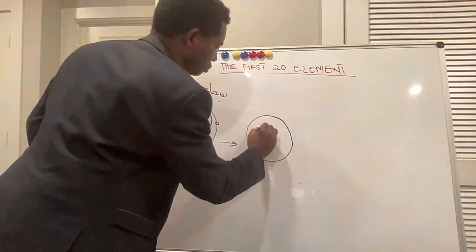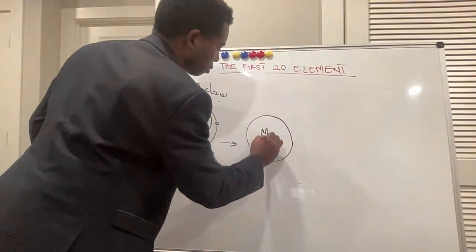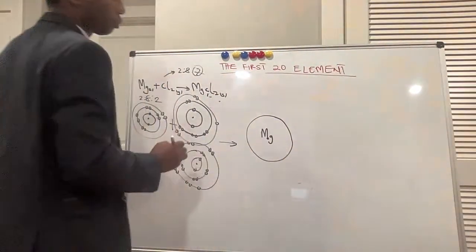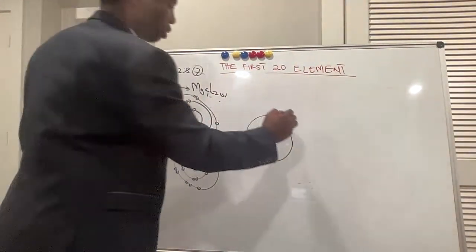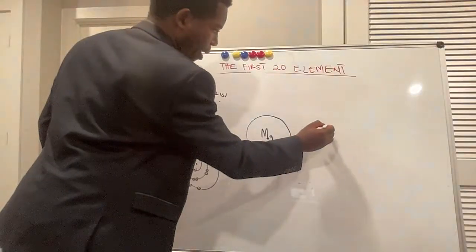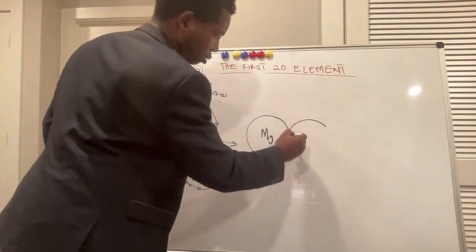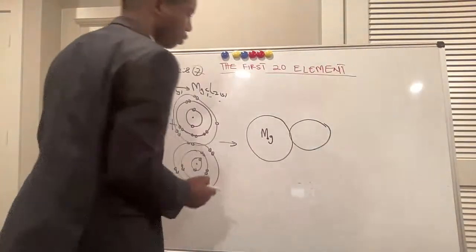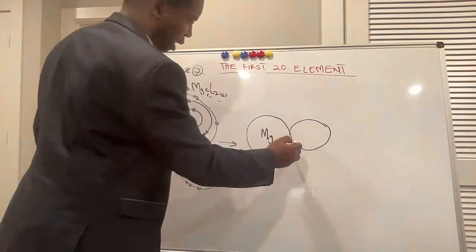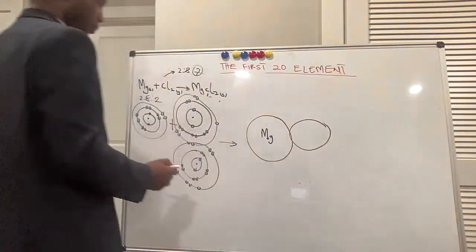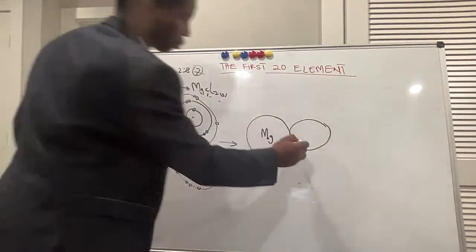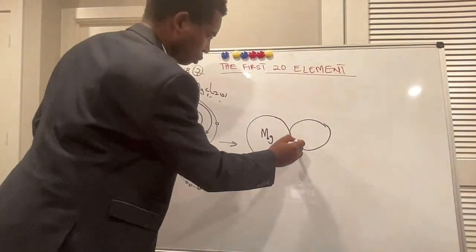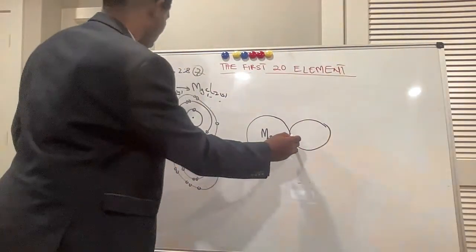So this is magnesium, Mg. Now you combine with chlorine. You combine with another atom of chlorine.